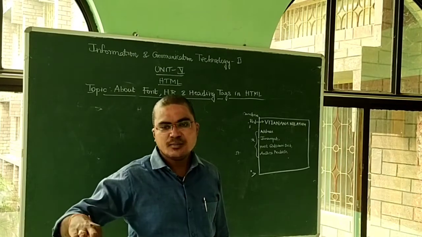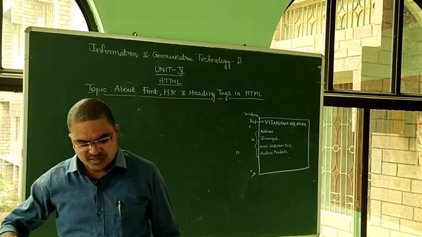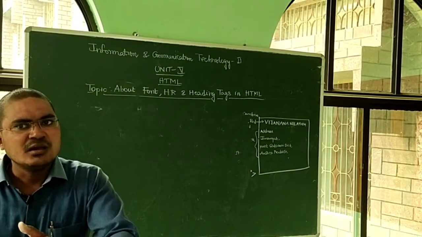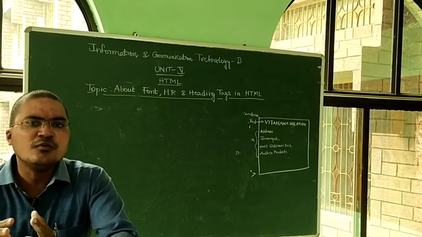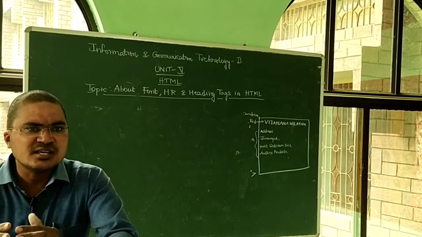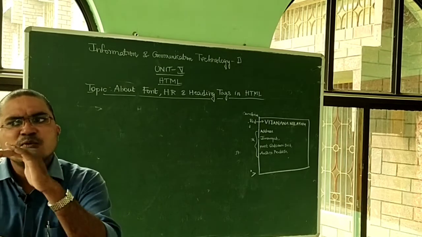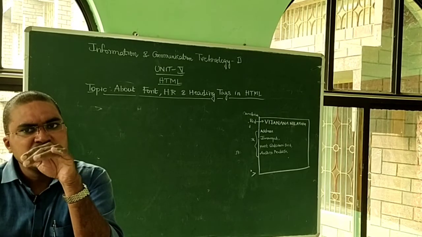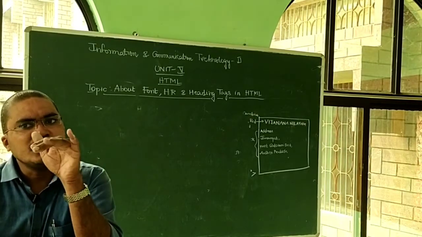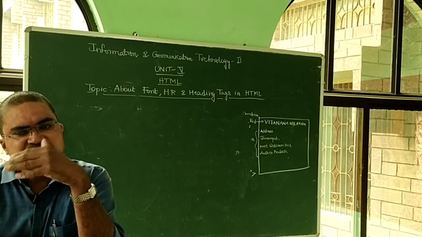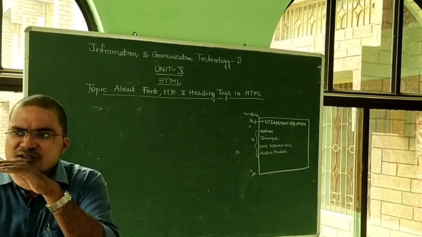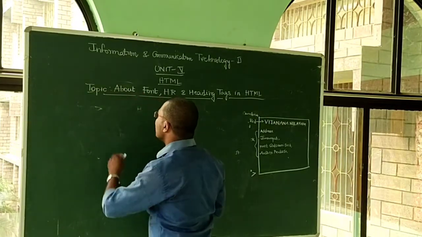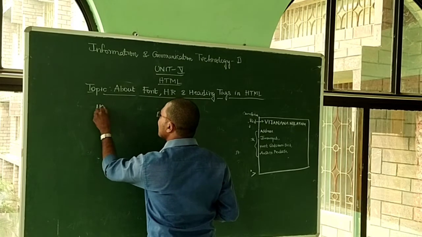Because when you visit web pages on the internet, a web page contains a lot of text, and there are several different sections present. When one section is complete, you just put a line. That line means the user understands the section is complete and then a new section starts. When section 2 is also complete, immediately put a straight line. This kind of line we can draw in HTML using the HR tag.